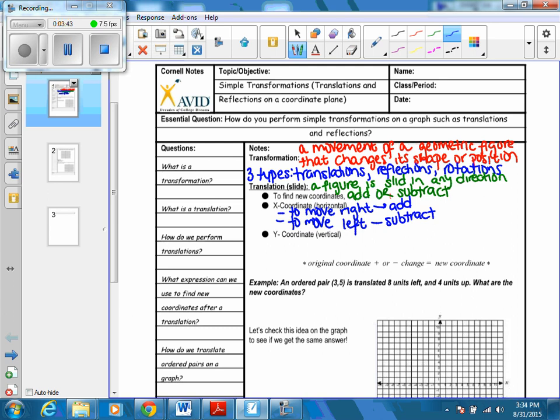All right, my y coordinate is going to be vertical, okay? So when we're talking about that vertical, we're talking about that y-axis. So in order to move up, we have to add.